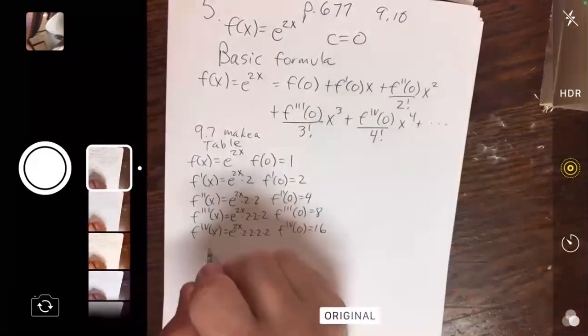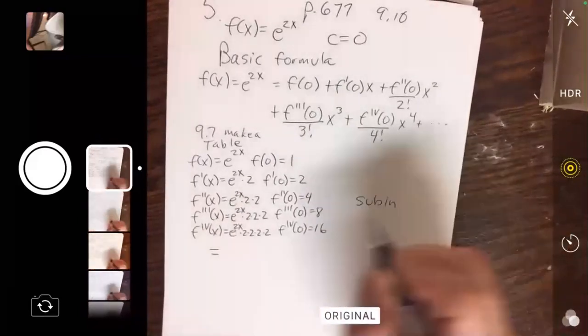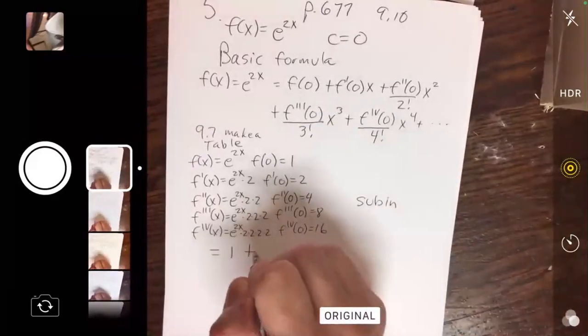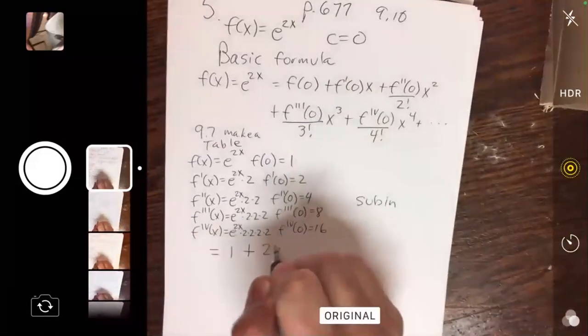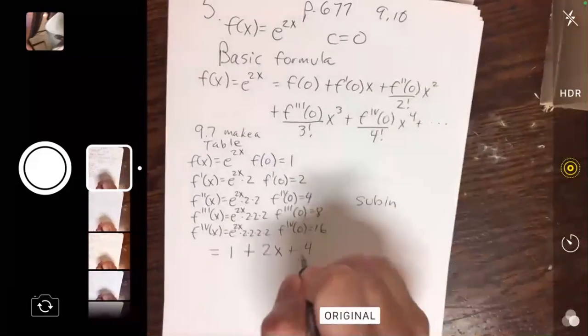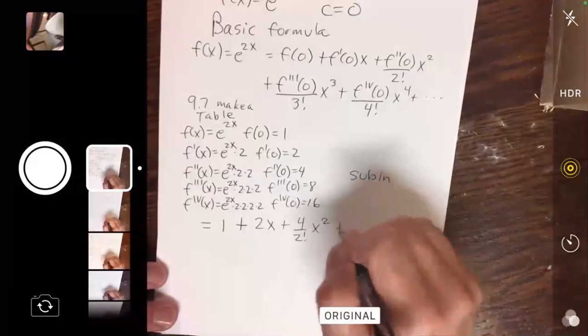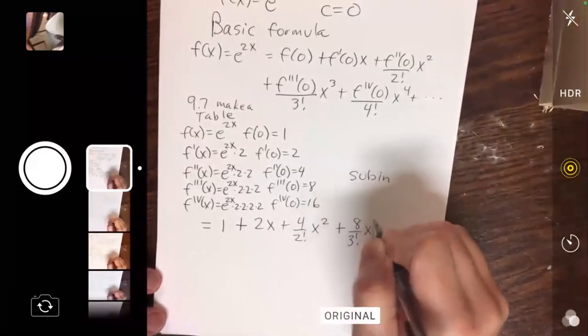So you plug and chug, sub in. You'd have f of 0 is 1 plus your f prime of 0 is 2x. Your f double prime of 0 is 4 over 2 factorial x squared. Your f triple prime is 8 over 3 factorial x cubed.